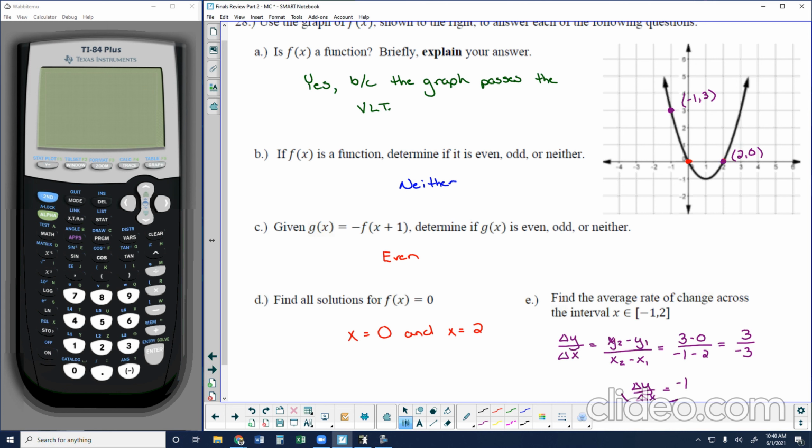You can also see that by taking a look at those two points here, and if I were to count on the graph, I could see that this shifts down 3 on the y-axis while shifting over 3 on the x-axis. So again, negative 3 over positive 3 would be negative 1.